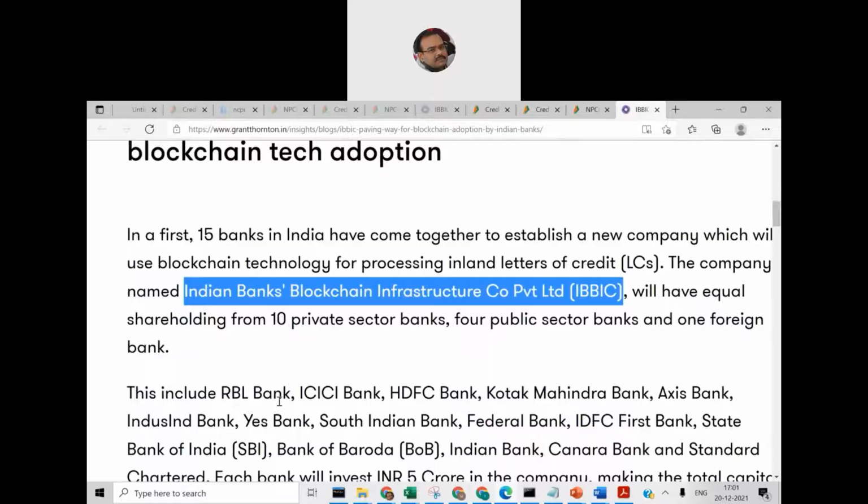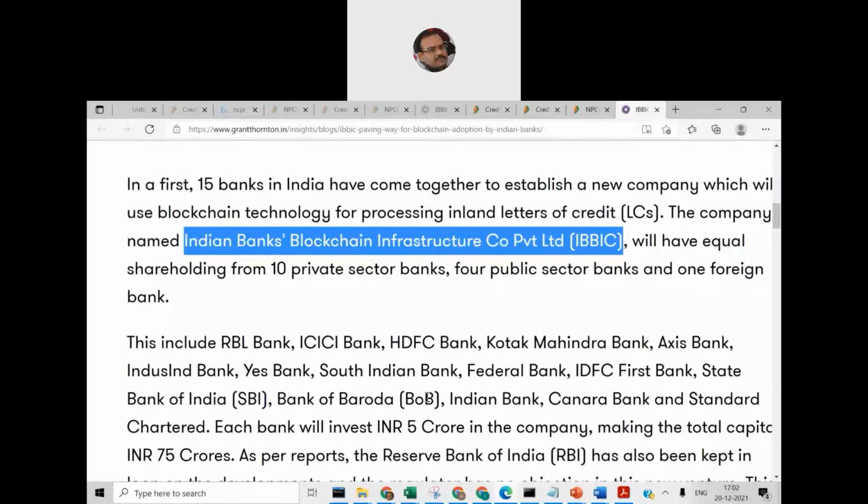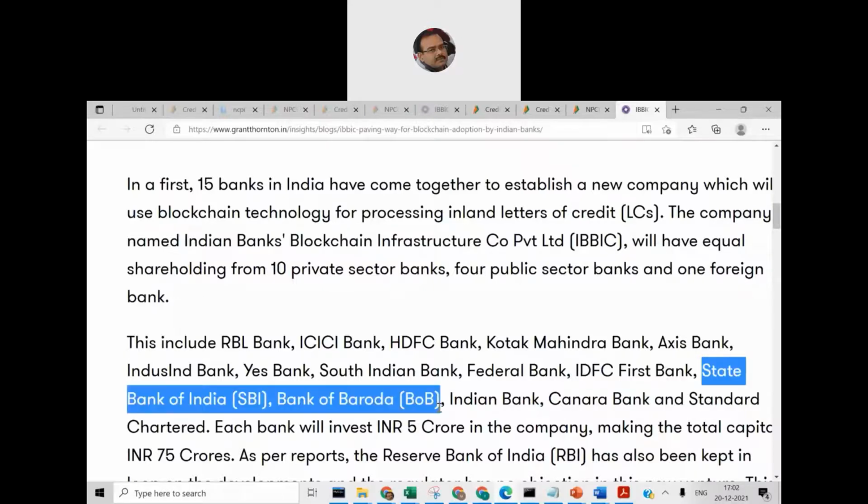So this includes banks like RBL, ICICI, HDFC, Kotak Mahindra, Axis, IndusInd, Yes Bank, South Indian Bank, Federal Bank, IDFC First Bank, SBI. Now, the coming together of SBI and Bank of Baroda is very important, because the majority of Indian people have their bank accounts in these traditional banks.